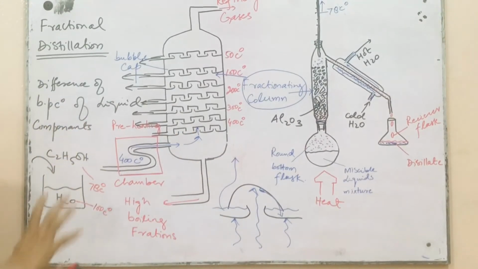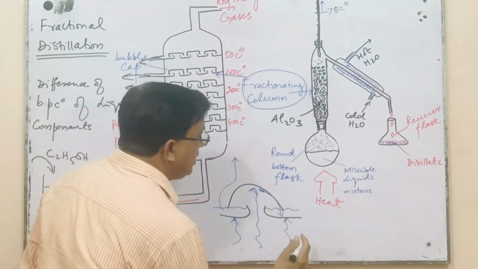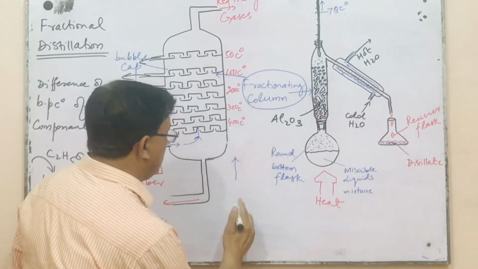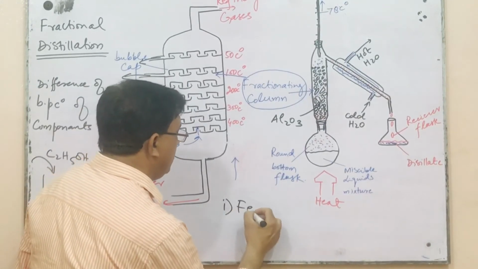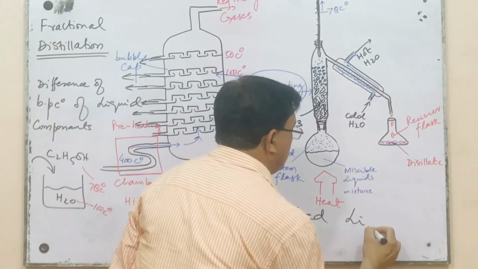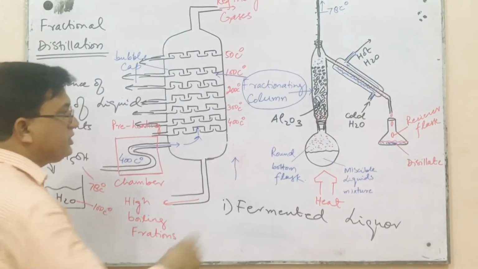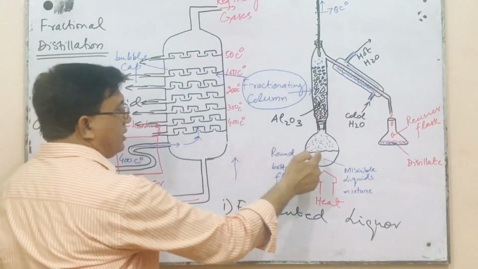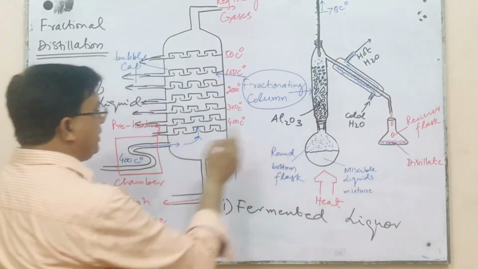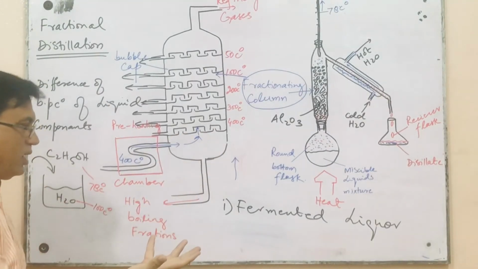Now, three types of liquid mixture we can separate quite easily. Number one, fermented liquor can be distilled by using either school laboratory apparatus or industrial apparatus in any distillery plant.